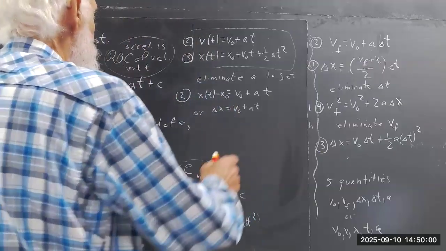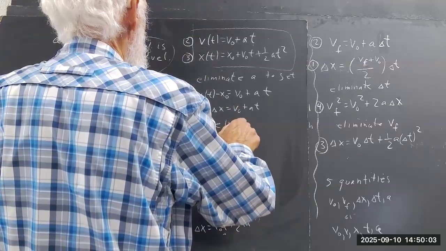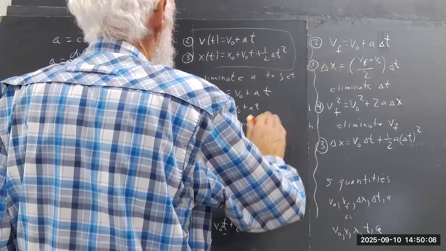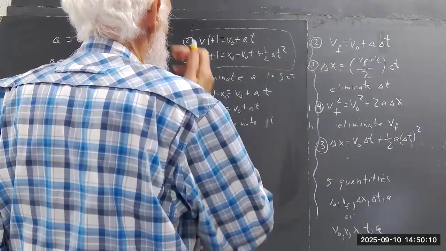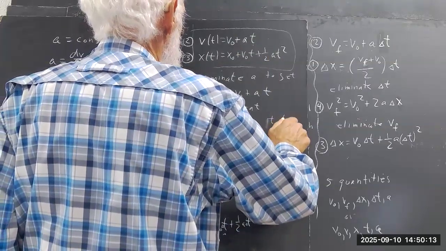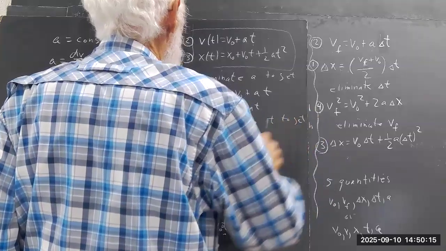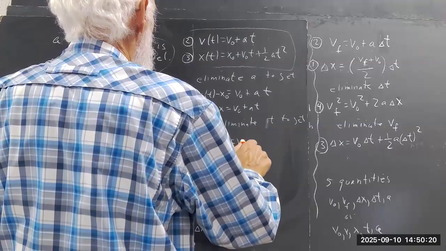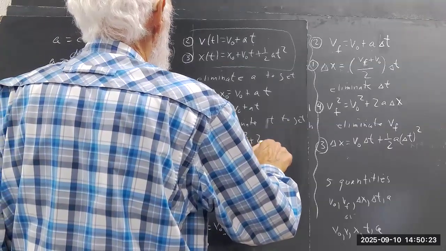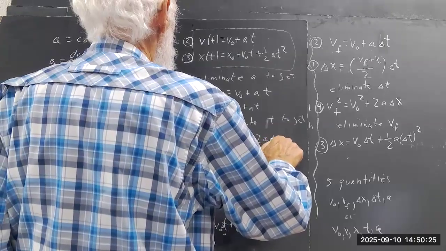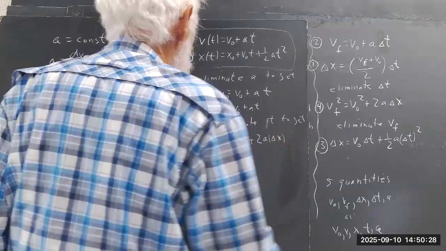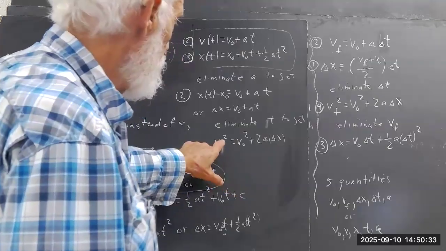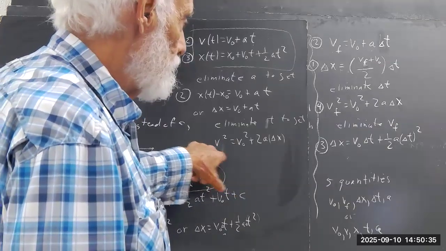If we eliminate delta t or t from these equations, we get the fourth equation, which is practically the same as this, although here we can think of v as a function of t.